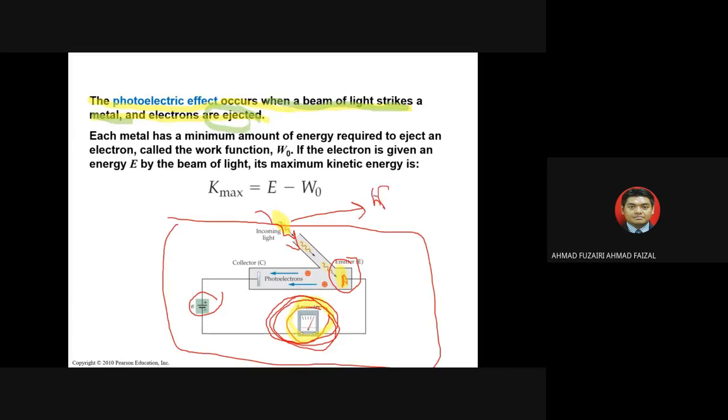We know that light consists of photons and that each photon has energy hf. So this photon carries energy and hits the emitter. When it hits the emitter, electrons from the emitter jump out to the collector. Then the electrons continue their motion to complete the circuit and to register the value of current.